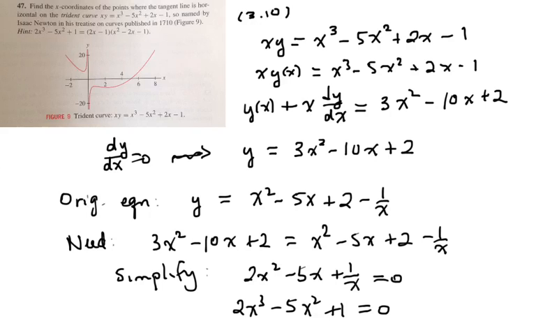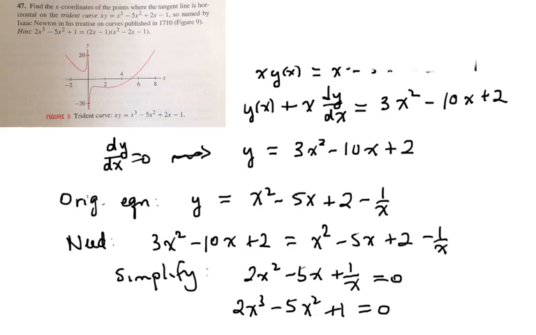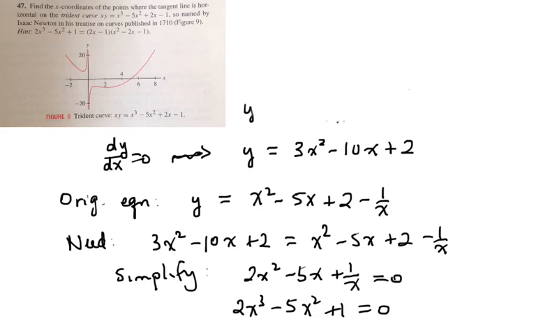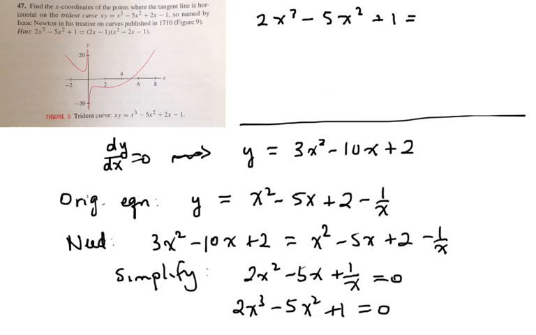Let me clear a little bit more room. So what we want is 2x cubed minus 5x squared plus 1 equals 0.